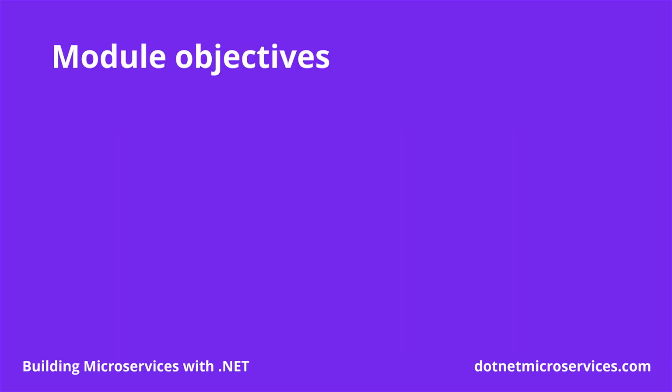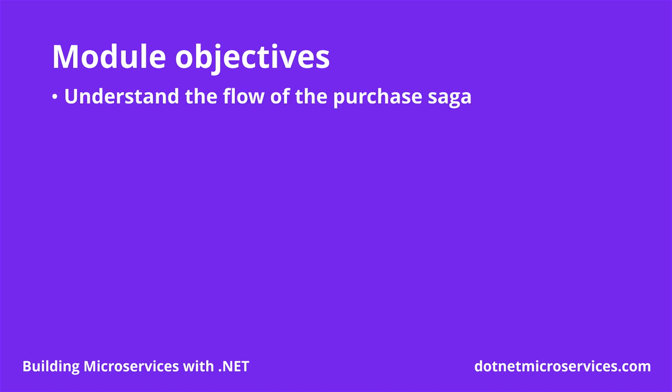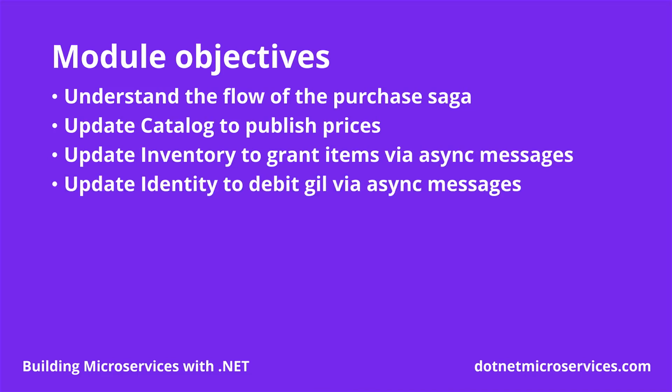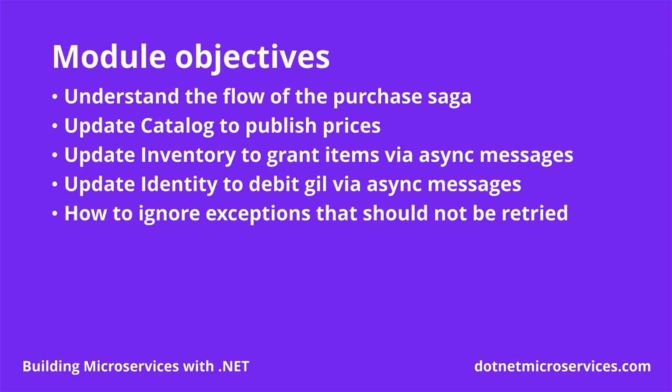By the end of this module, you will have a solid understanding of the following: the flow of the saga that drives the purchase process, how to update the catalog microservice to publish prices when creating or updating items, how to update the inventory microservice to grant items via asynchronous messages, how to update the identity microservice to debit yield via asynchronous messages, and how to ignore exceptions that should not be retried when consuming messages. Let's get started.